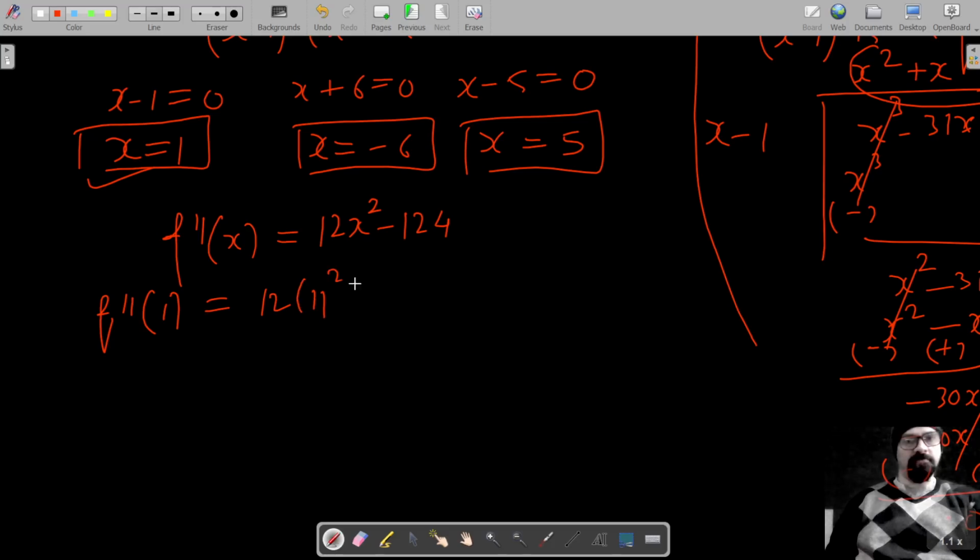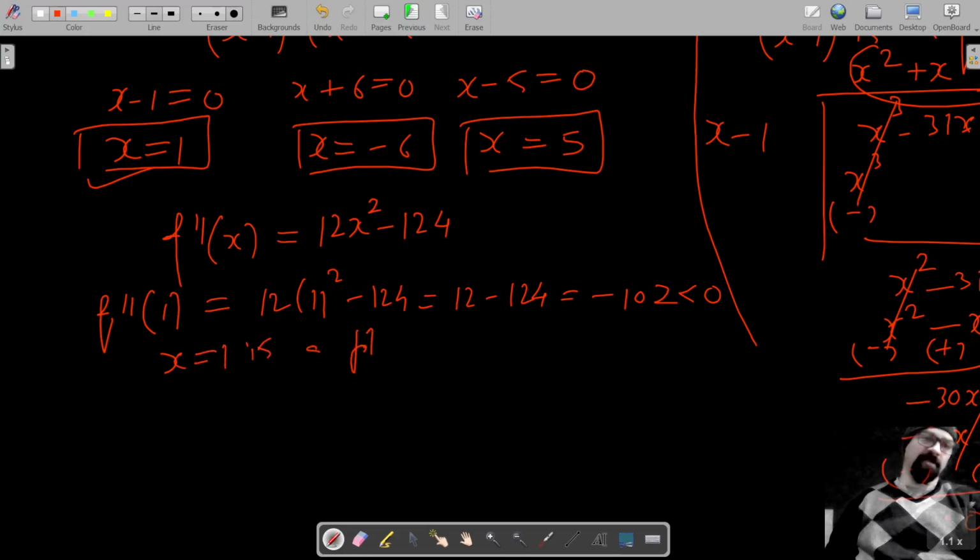So this is 12 minus 124, which is negative, less than 0. So x is equal to 1 is a point of local maximum.